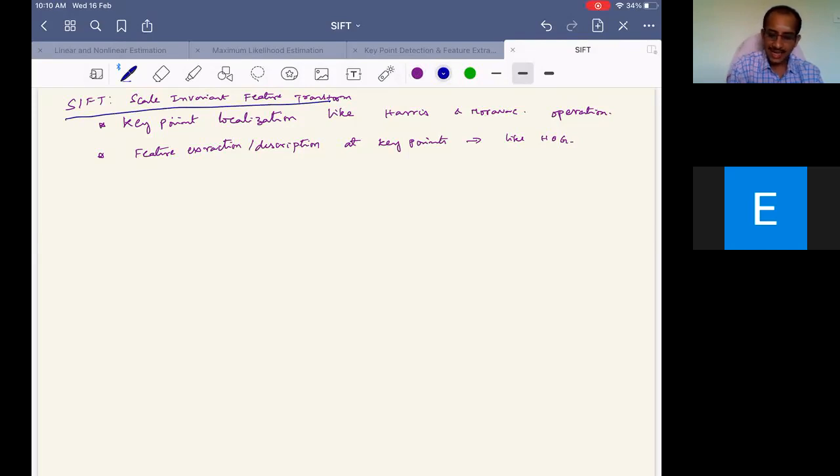So this is slightly unlike the face detection approach, where Haar features are used. This feature extraction and key point identification are quite generic.